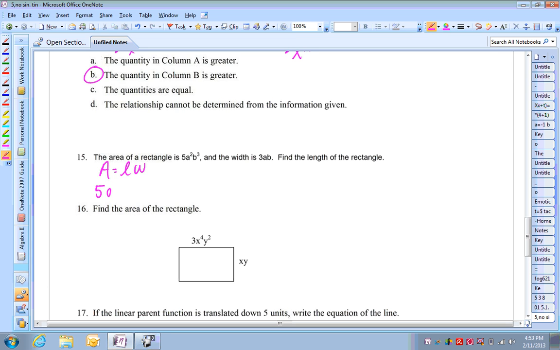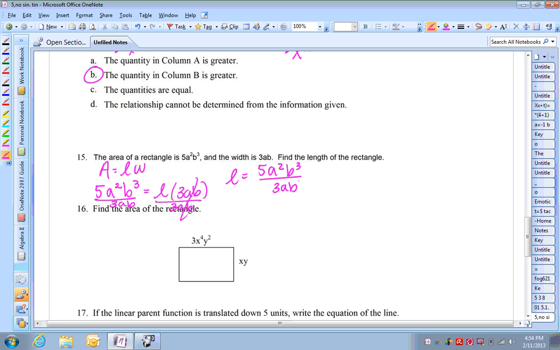The area they gave us is 5a squared b cubed equals the length that we're searching for times the width of 3ab. In order to get L by itself, we have to divide both sides by 3ab. This cancels out, and the length ends up being equal to 5a squared b cubed over 3ab.